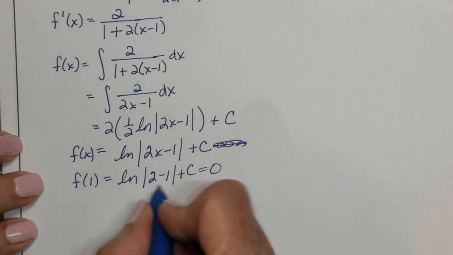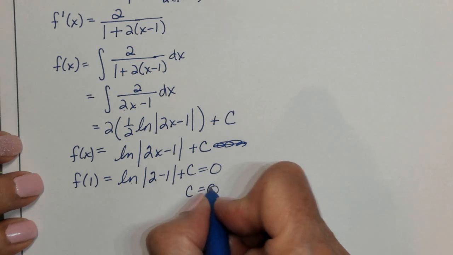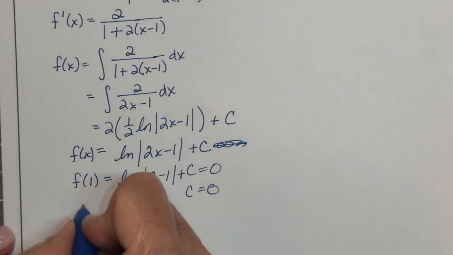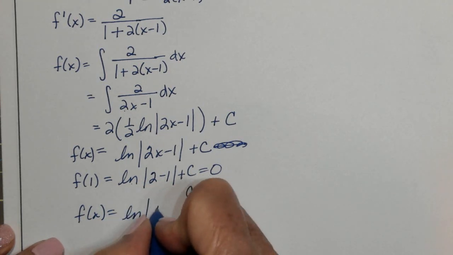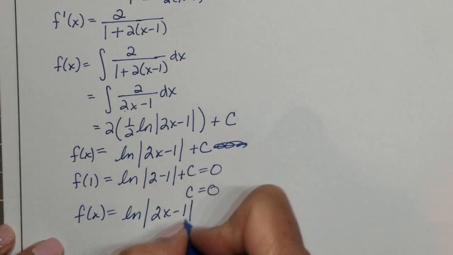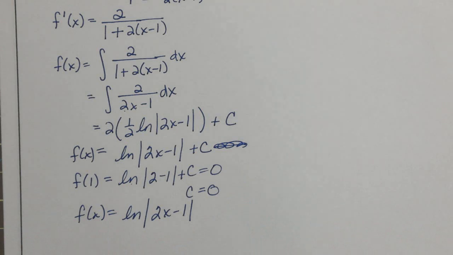Well, ln of 1 is 0, so that tells me that c is 0. So f of x is just ln absolute value 2x minus 1. That's it. So that is true on the interval of convergence.